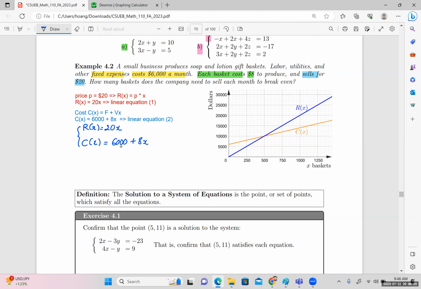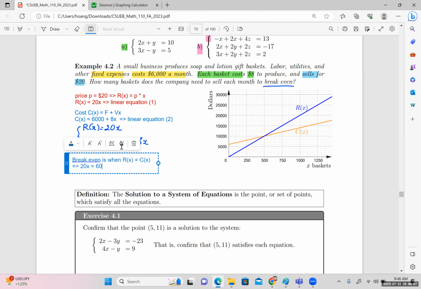If we want to find the solution, I mean, if we want to find the break-even point, we set the revenue equal to the cost function. So we set 20x equal to 6,000 plus 8x.